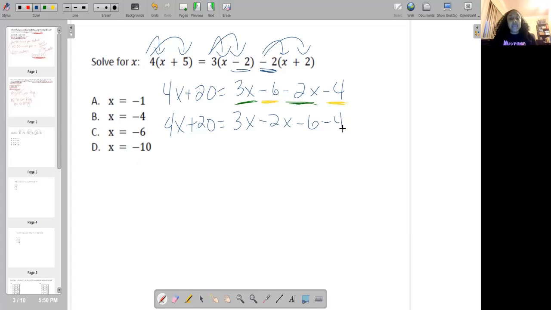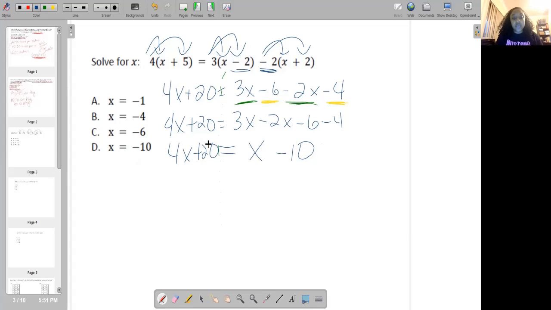Remember, you are only ever combining like terms when the terms are on the same side of the equal sign. Right now, I only have like terms on the right-hand side of my equal sign. Left-hand side, I don't have it. So 3x minus 2x is going to give me just x. -6 minus 4. Make sure you know how to add, multiply, divide, and subtract integers. -6 minus 4 is going to be -10 equals x plus 20.